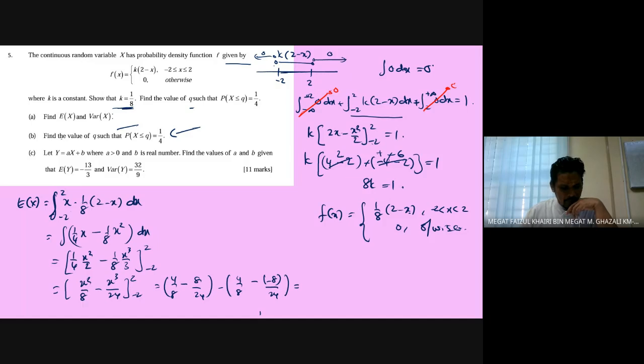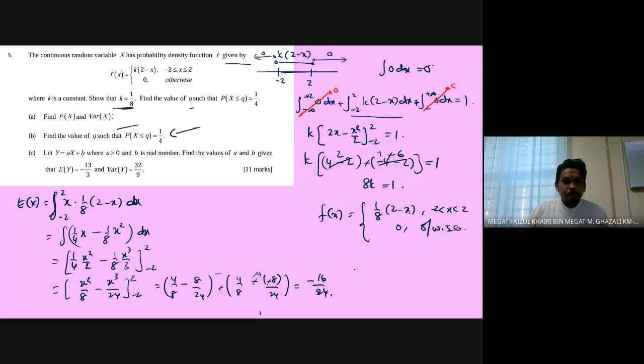So for this one, 4 over 8 minus 4 over 8 equal to 0, and negative 8 over 24 minus 8 over 24, negative 16 over 24.